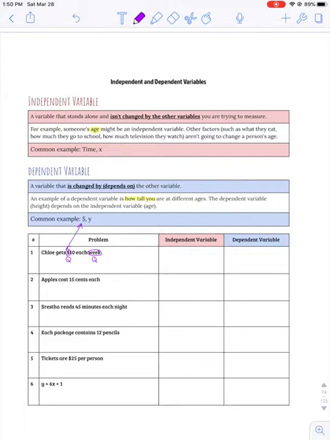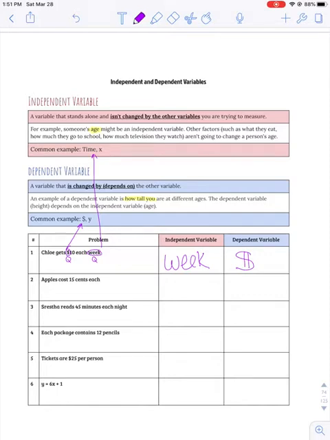Well, it tells me that money is a common example of a dependent variable, and week, which is a measure of time, is a common example of independent. So it kind of did our work for us. So week is independent, and money, or dollars, however you want to write it, is dependent.